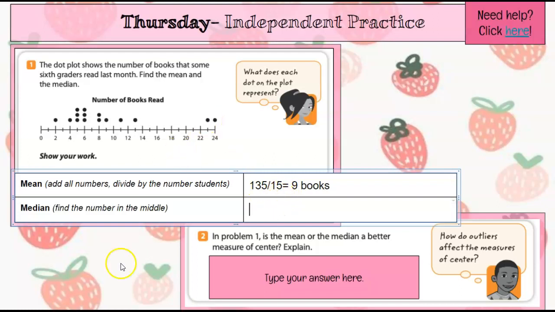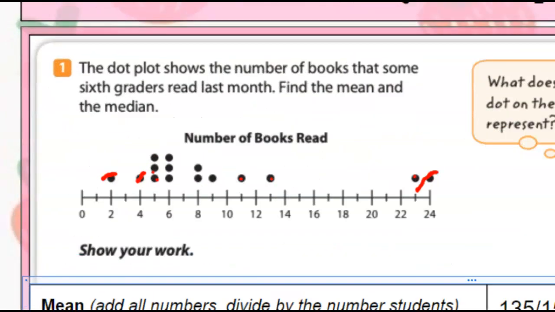The median we would find by crossing out the numbers from least to greatest. So if I cross out the dots instead of rewriting my numbers, just like we would cross out the numbers, I'm going to cross out the dots in order.